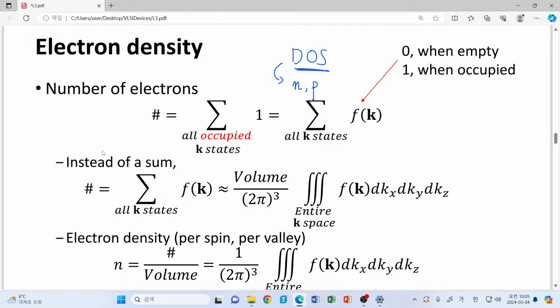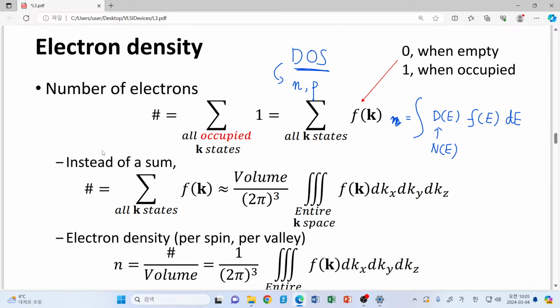Maybe you know something like this, the density of states. In Tauer's book it is written as n, but anyway, this is the density of states, and the Fermi-Dirac distribution, integrated over a certain energy range, corresponds to our electron density n or p. I assume that at least all of you understand this expression.